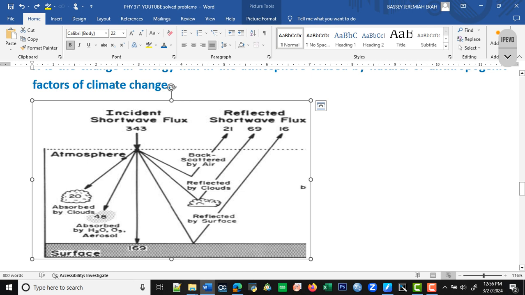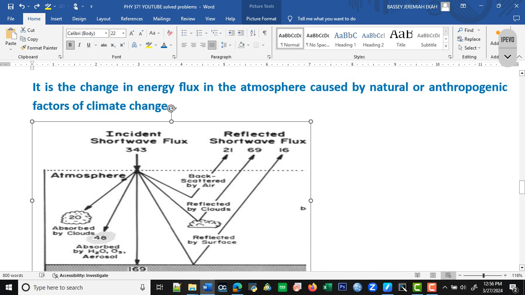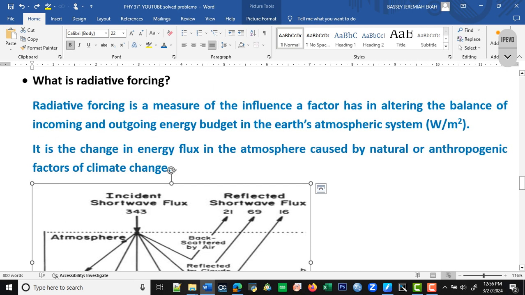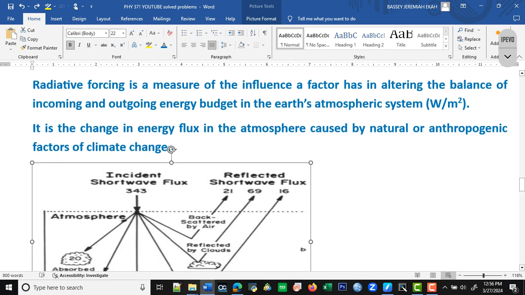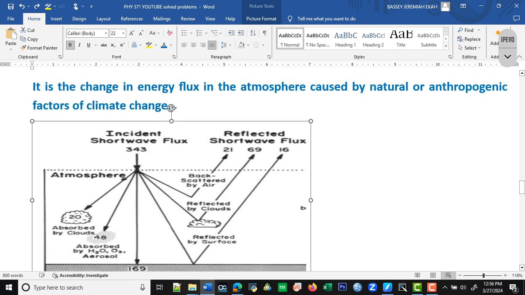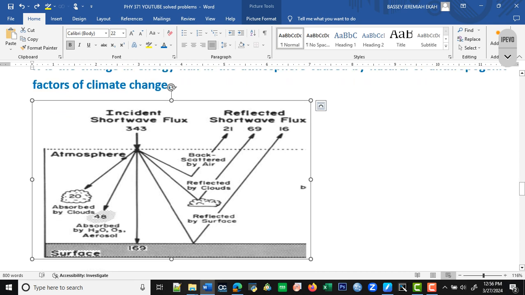So the figure here shows a positive radiative forcing, because in this globe, the Earth tends to increase in temperature, because the amount of energy returning back into space is not the same as what was absorbed.